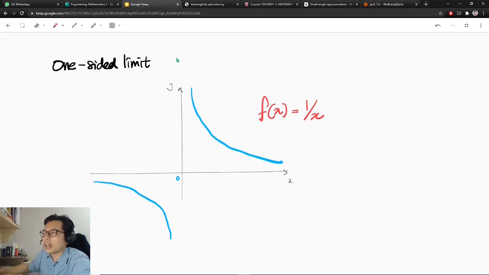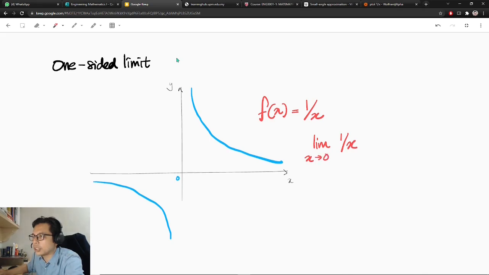Now I'm asking you, what's the limit of this function 1 over x when x is approaching 0 from the right-hand side, plus? What's the answer? And if x is approaching 0 from the left-hand side, minus sign there, what would be the answer?